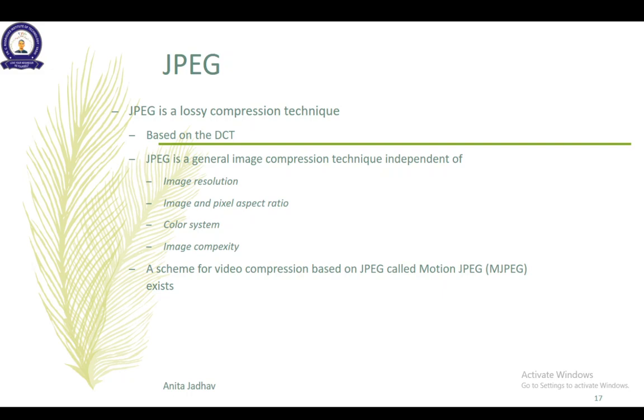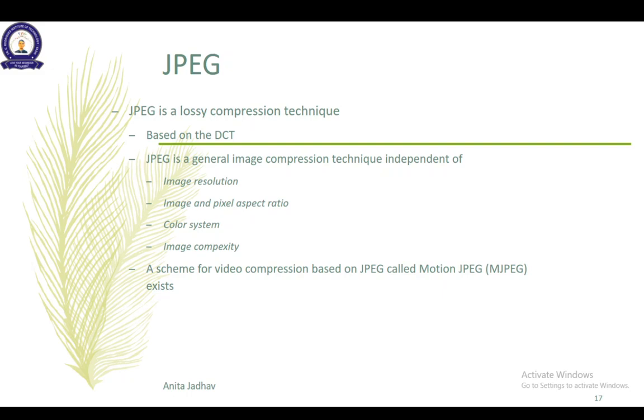Then you keep your Y component as it is, and you play with Cb Cr. This is achieved with any kind of mathematical transform, and we go for the discrete cosine transform, DCT. We will be studying the DCT and all these steps in detail again.